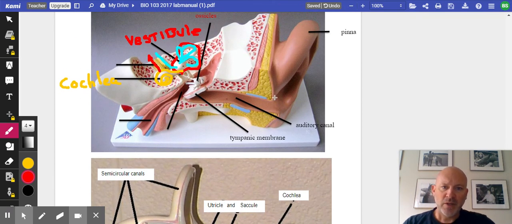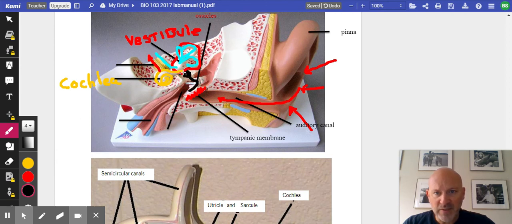All right. So again, the sound waves get directed by the pinna into the auditory canal. They cause this tympanic membrane to vibrate. The vibrations get transferred from the malleus to the incus to the stapes.